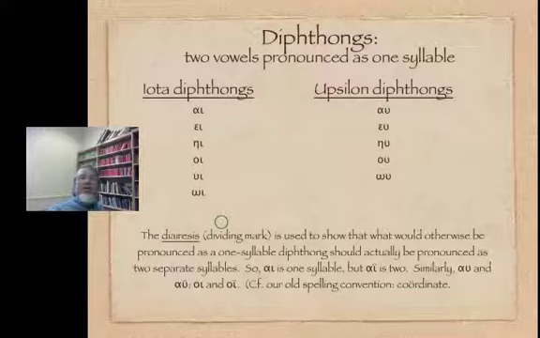Now, diphthongs. Diphthongs are vowel combinations that are pronounced as a single sound, as a single syllable. In Greek, the diphthongs all terminate either in iota or in upsilon. The nice thing about Greek diphthongs is they're pronounced just as they should be.